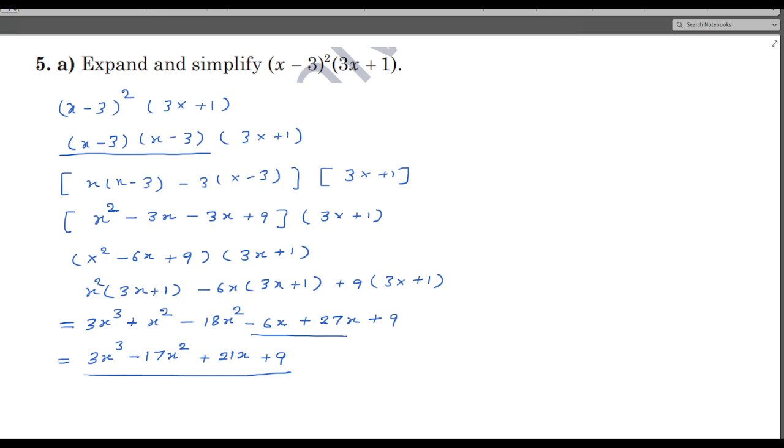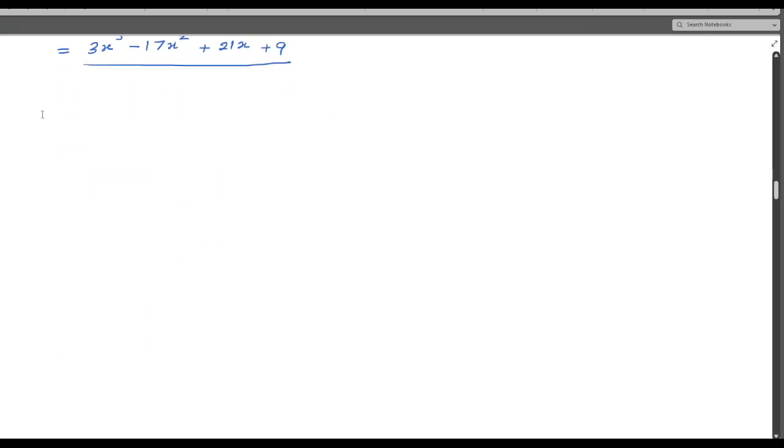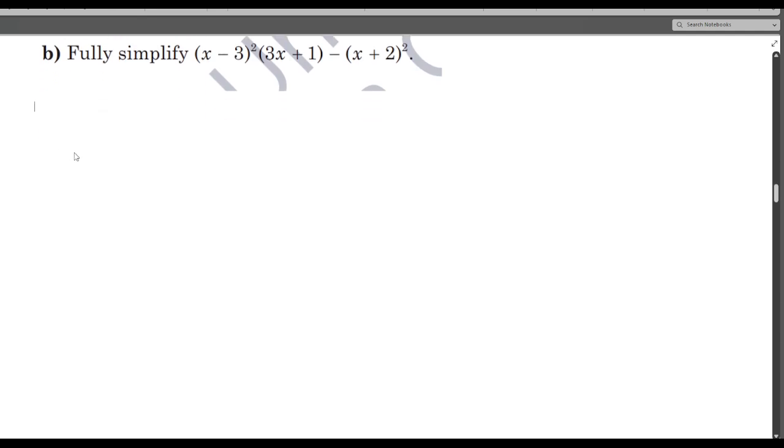Again, one more question related to simplification. So this time you have to simplify x minus 3 the whole square times 3x plus 1 minus x plus 2 the whole square. Okay, this time what I will do: x minus 3 the whole square times 3x plus 1 minus x plus 2 the whole square.